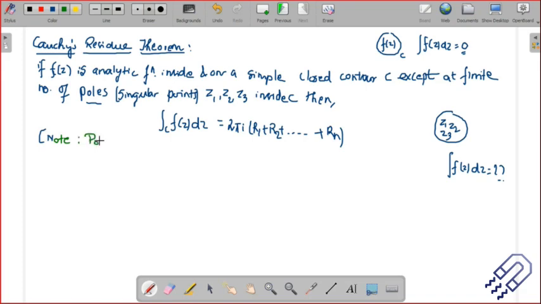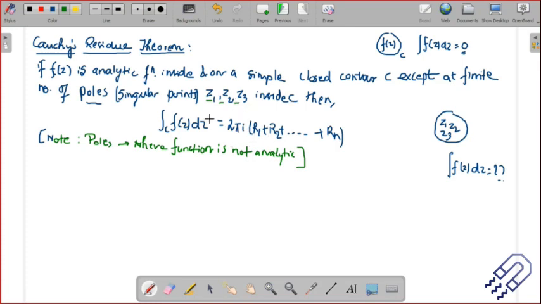So the first thing is: what are poles? Poles are the points where the function is not analytic. If I say it is not analytic at z1, z2, z3, then the integral is going to give some value, which we have written.